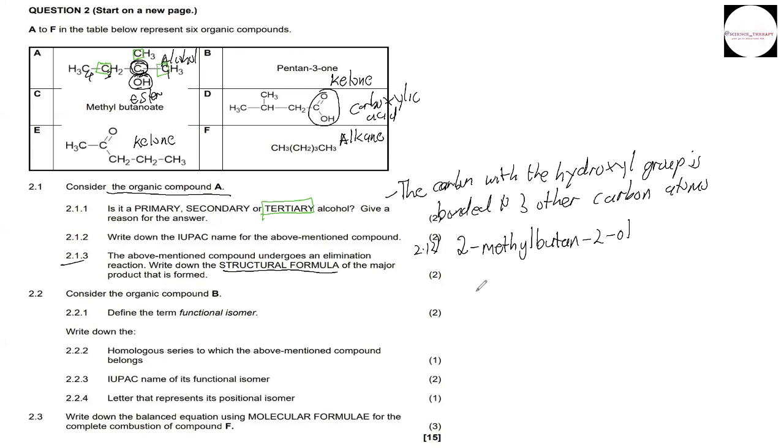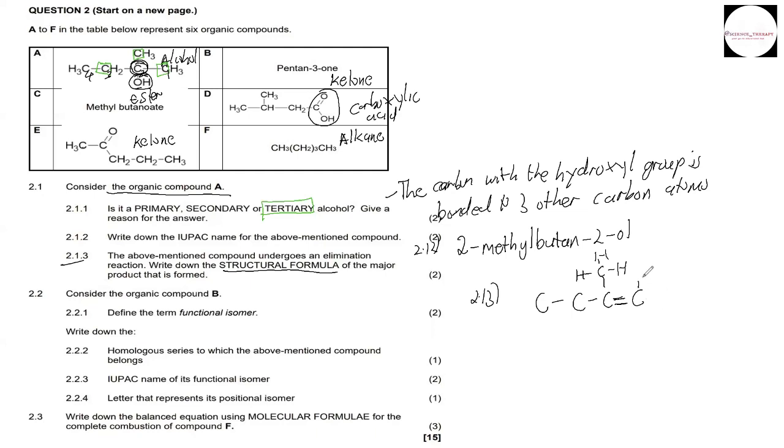So our structural formula for 2.1.3 should look like this. This is 1, 2, 3, 4. And then we will have our double bond here between the first and the second carbon, because that's where we took the OH and the hydrogen. But then here we still have our methyl branch. So it goes like that.